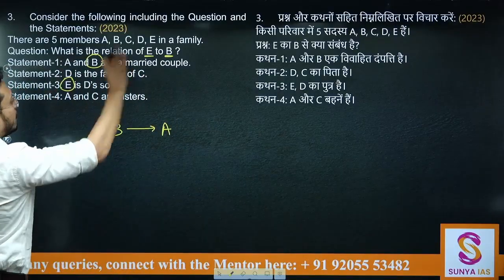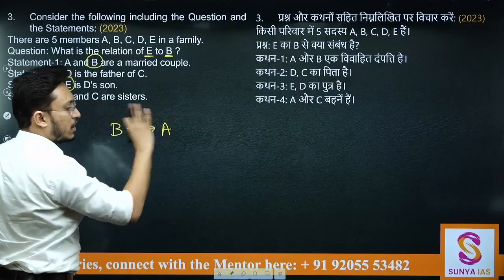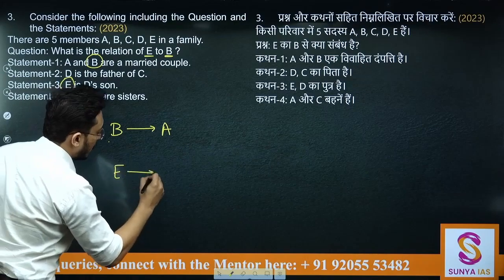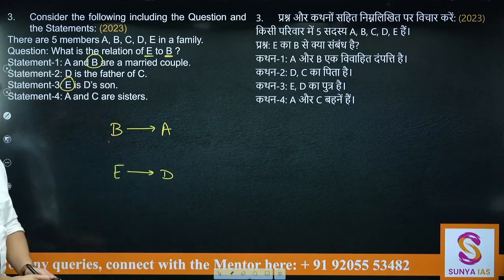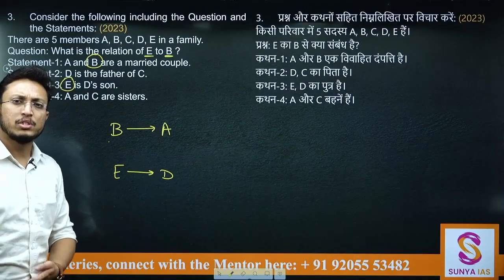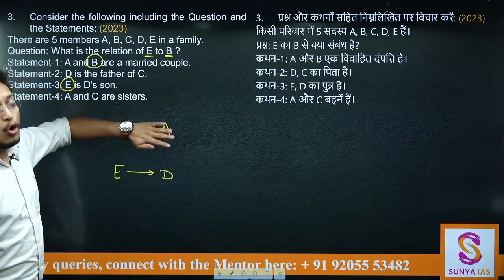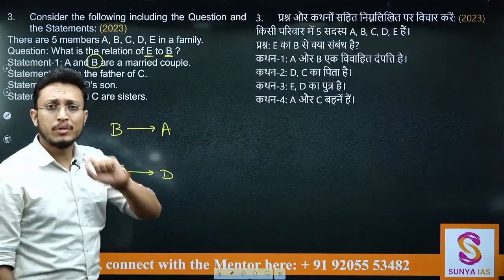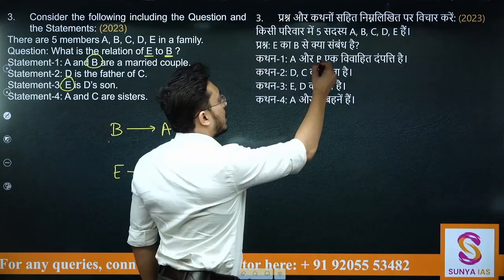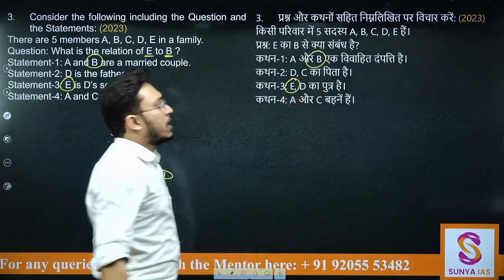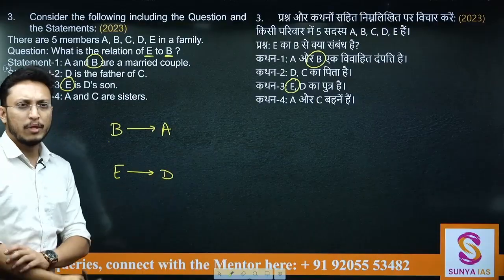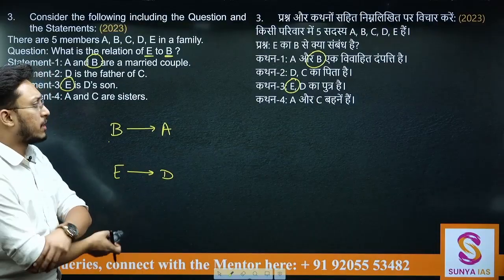Statement 1 gives us the information about B's relation with A, and statement 3 gives the information about E's relation to D. So statements 1 and 3 are 2 isolated pieces of information, which means I'll have to use some other statement too, because from statements 1 and 3 I got B's relation with A and E's relation with D, but their relation with each other is still not known.